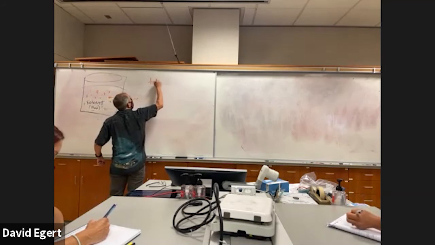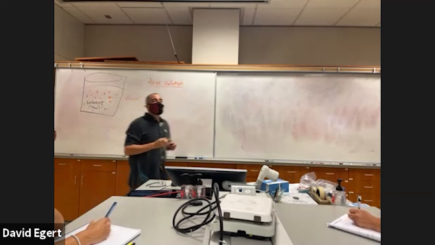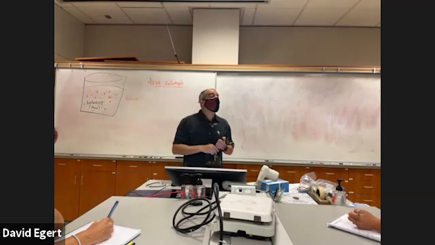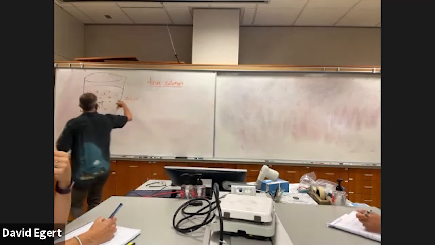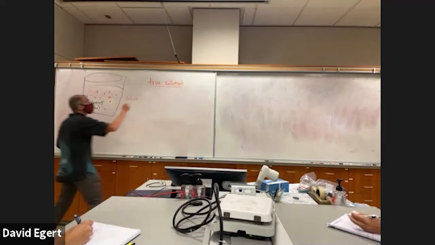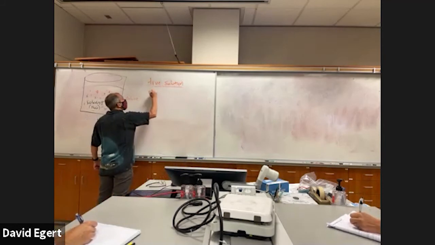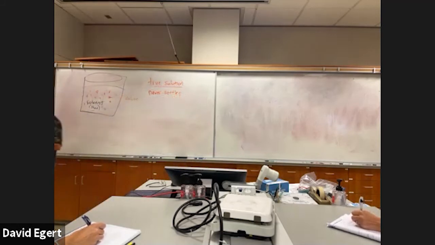One is a true solution. This is going to be things like sugar water or salt water. This is where the solute totally goes in, and once it's in, it never falls out of the solution. So a true solution never settles. You can have a glass of sugar water on your nightstand, and a month later, it's still just a glass of sugar water on your nightstand.